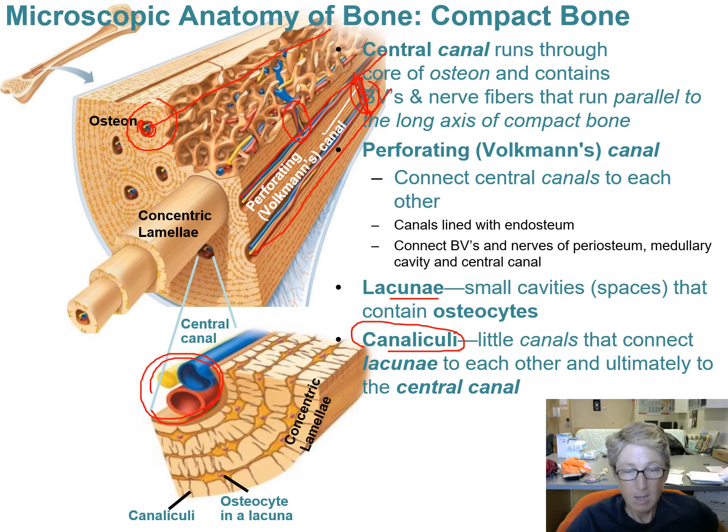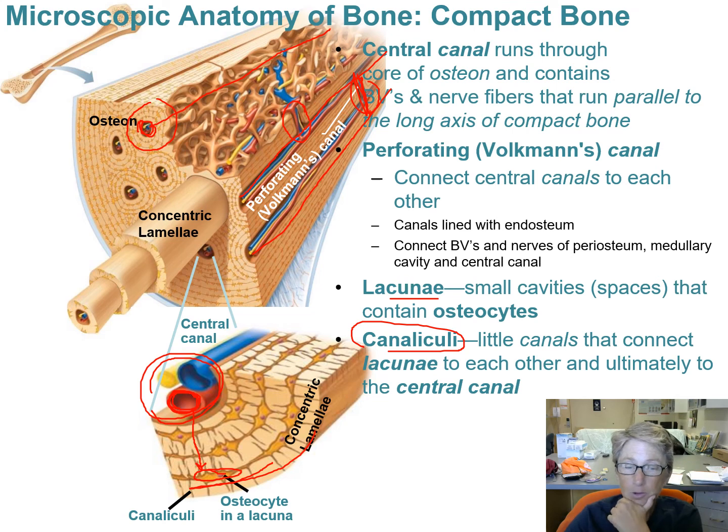Now let's say you are an osteocyte living in a lacuna way out here in the furthest concentric lamellae. By furthest, I mean you're furthest from the blood vessel that is bringing you glucose. And glucose can't diffuse by itself all the way out here to this osteocyte.